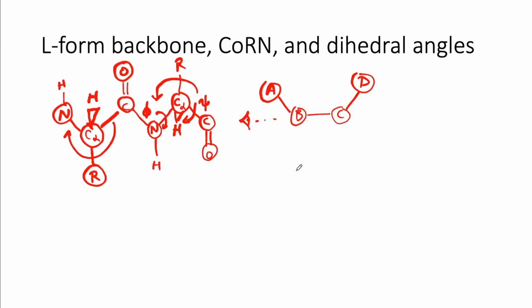So if you're the observer, you see this. And below that you see the B. And behind the B, can't see it, but it would be C. And then D is like this, right? So it could be at any angle. So here's this angle. This is the dihedral angle.